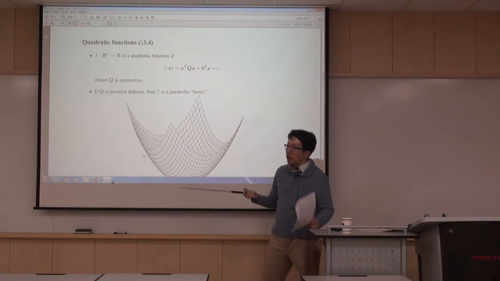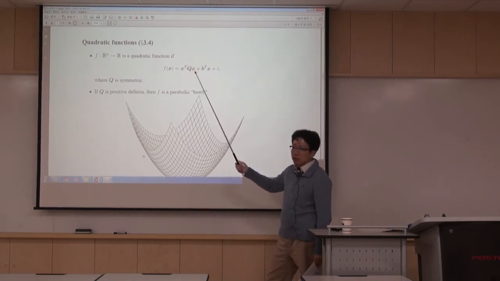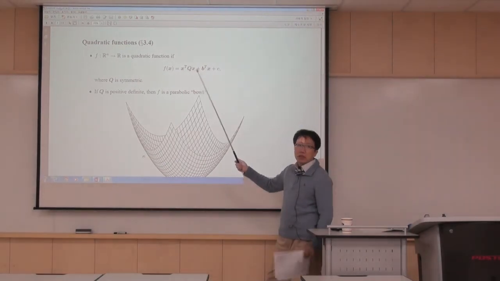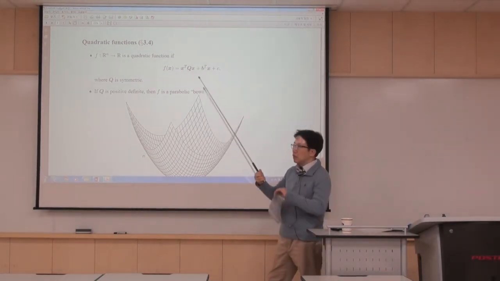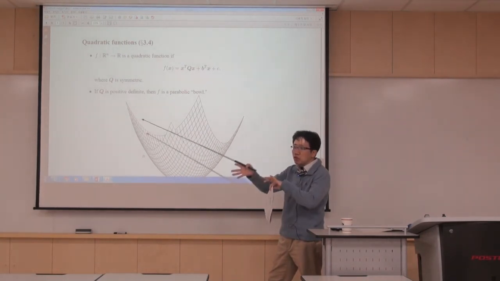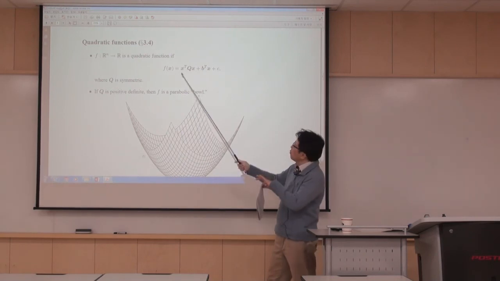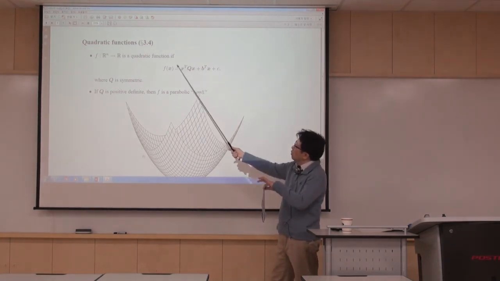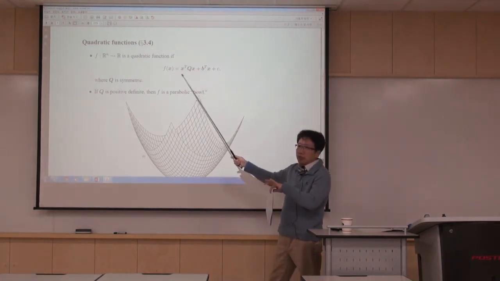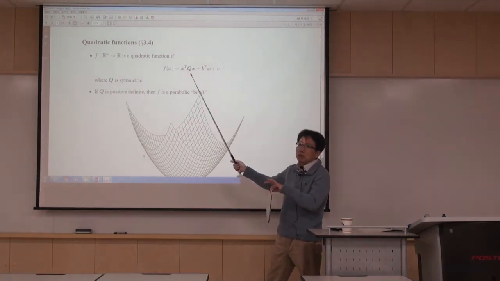But if you read the textbook, actually you don't need a symmetric matrix. Any square matrix can be written as a summation of its symmetric component and skew or anti-symmetric component. If you compute this quadratic term, only your symmetric component remains.